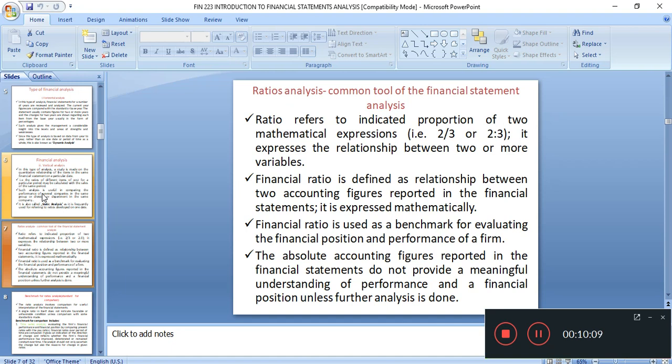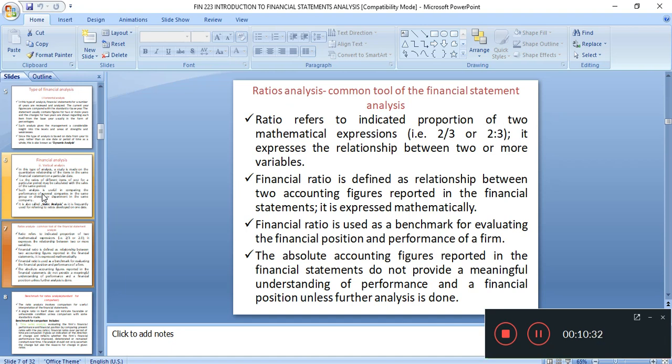Ratio analysis, a common tool of financial statement analysis. Here they are saying that ratio analysis is a common tool of financial statement analysis. When you say ratio, you are talking about proportion.